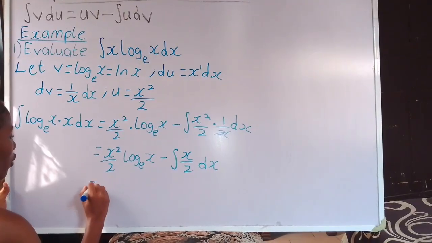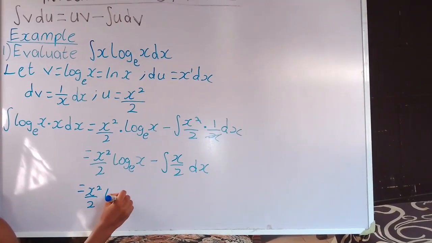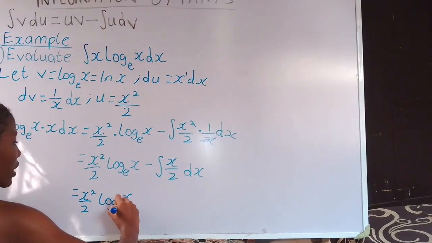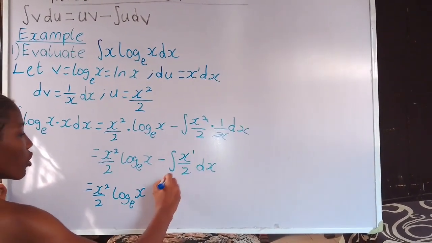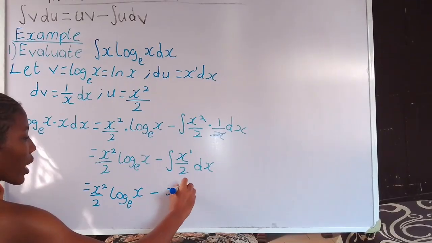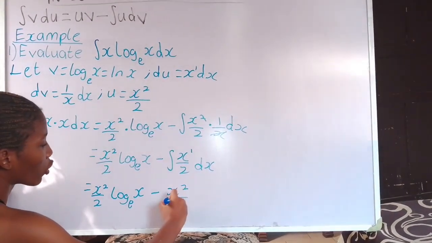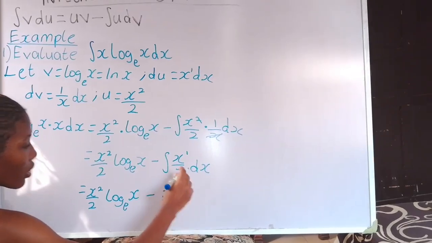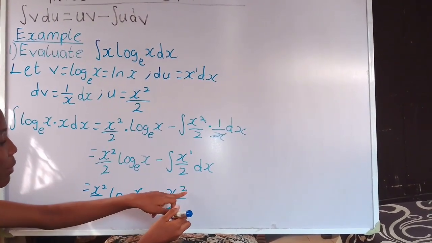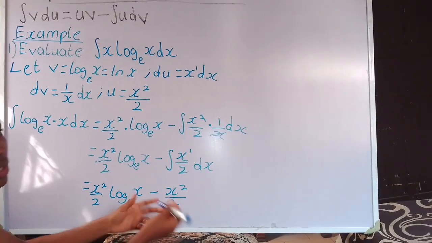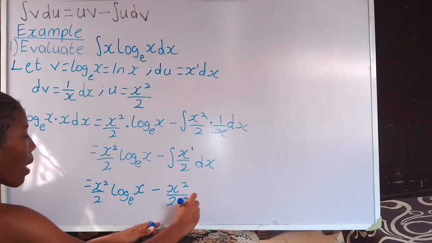So this will give us x squared over 2 log x to base e minus, this is an invisible power 1. This will now be x squared, because if you add 1 to the power, it will be 2 over 2 times, you know this over 2 is the original 2 that's here, then times the new power, because we need to say divide by the new power, over the second 2 which is gotten from the new power.